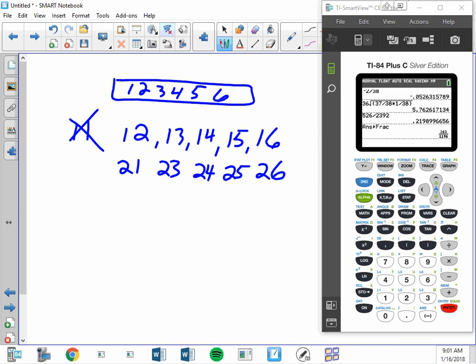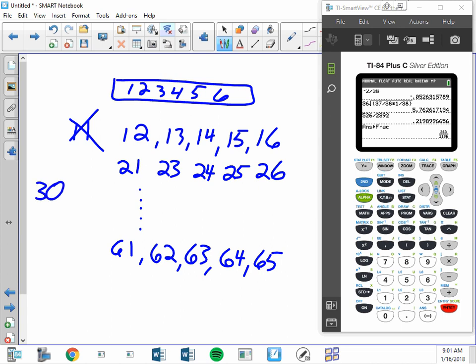Now I'm getting tired of doing this. 61, 62, 63, 64, 65, and there's no 66. How many total options are there? There's 5 in each row, and there are 6 rows, so there are 30 total ways to do it.